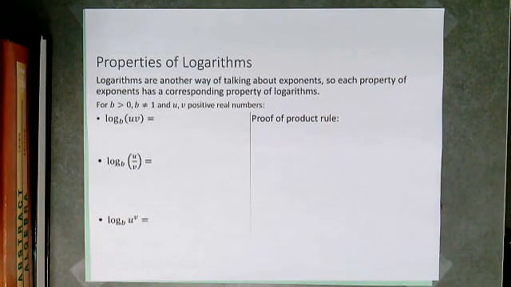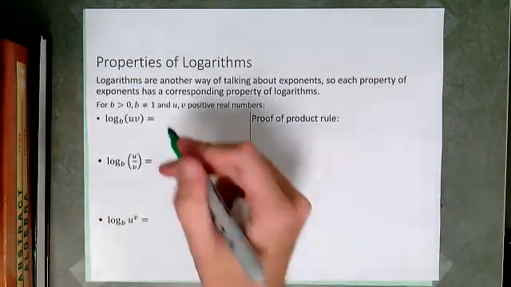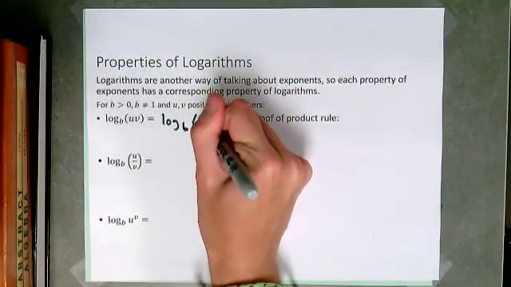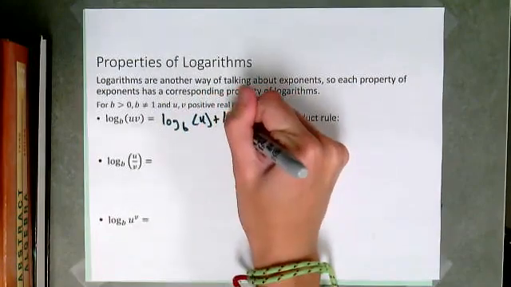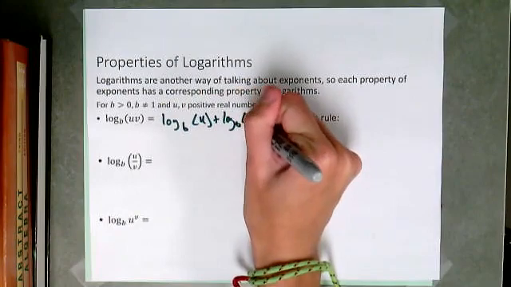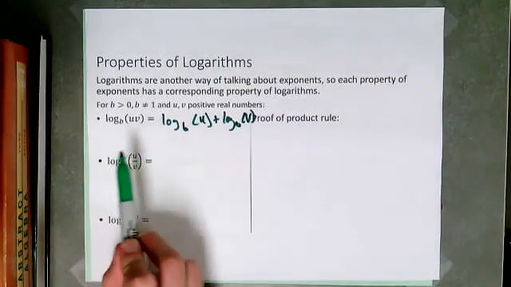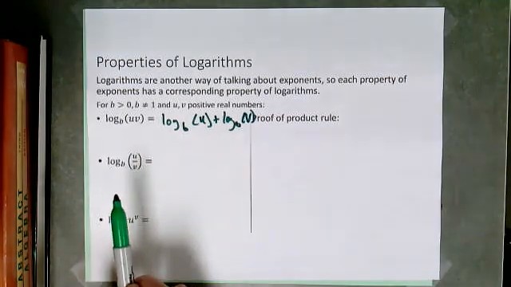Well, what we're going to have is log base b of u times v is going to be log base b of u plus log base b of v. Okay, so that's your multiplication rule, kind of.